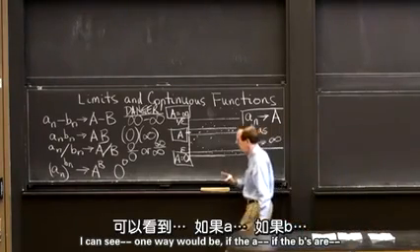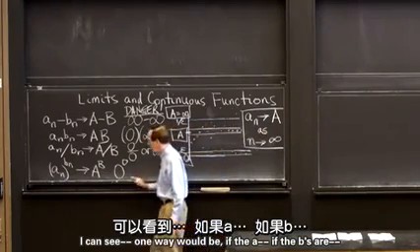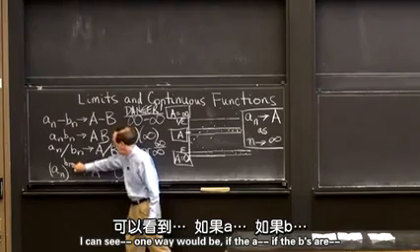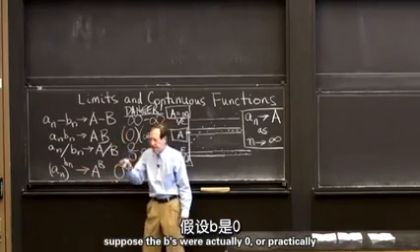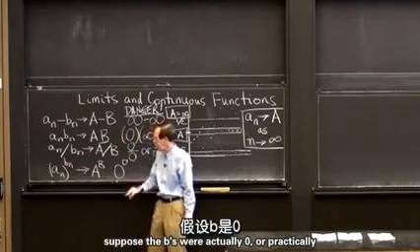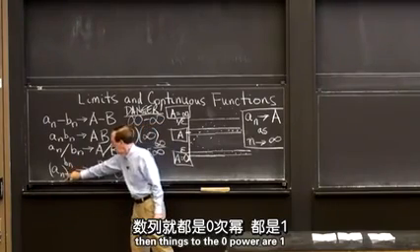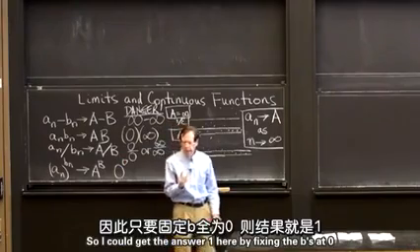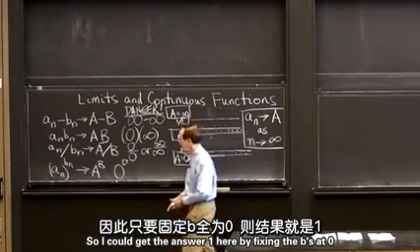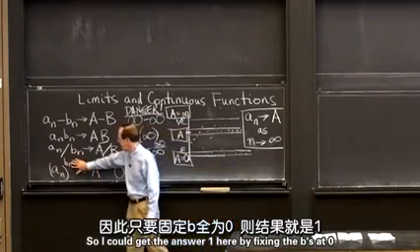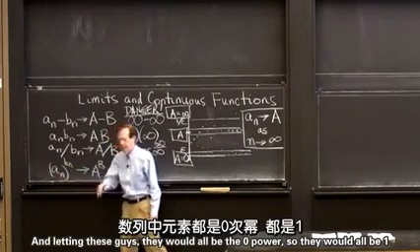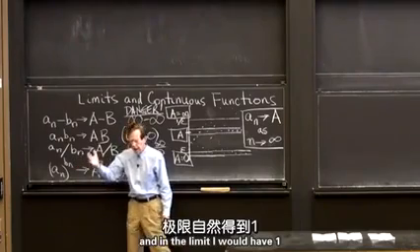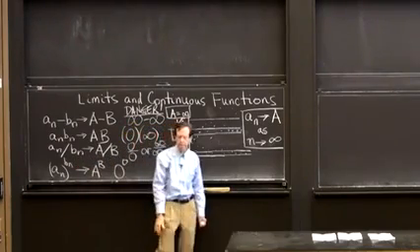I can see one way would be if the b's were actually 0 or practically, then things to the 0 power are 1. So I could get the answer 1 here by fixing the b's at 0 and letting these guys all be to the 0 power, so they would all be 1, and in the limit I would have 1.